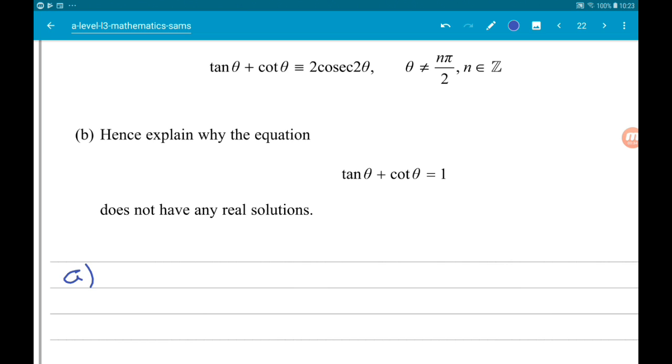So we have tan theta plus cot theta. Now, tan is sine theta over cos theta, and cot is 1 over tan, so that's cos over sine.